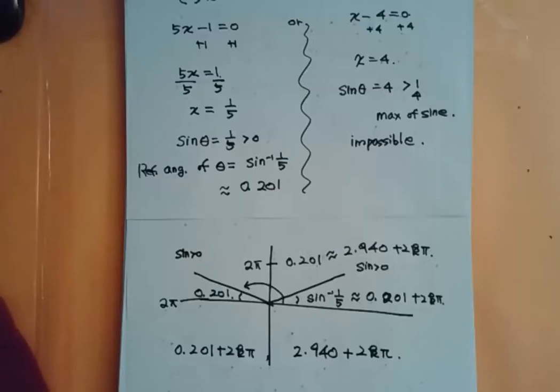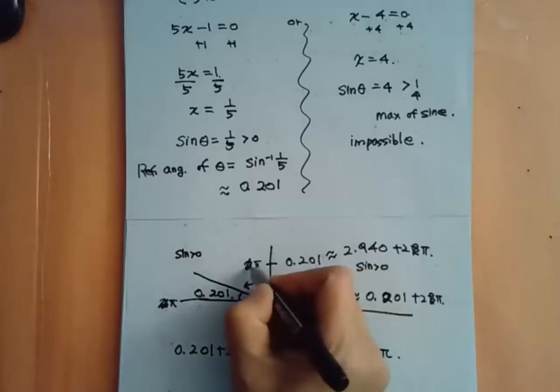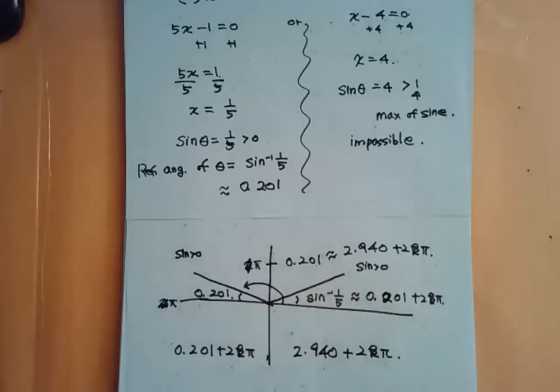Why 2 pi at 180? Of course, this is 180 degrees, the pi. So pi minus 0.201. So any other comment?